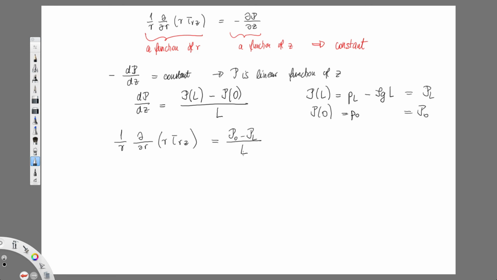Can multiply by r and integrate. Since the only dependence is on r, I can write this as a total or regular derivative.